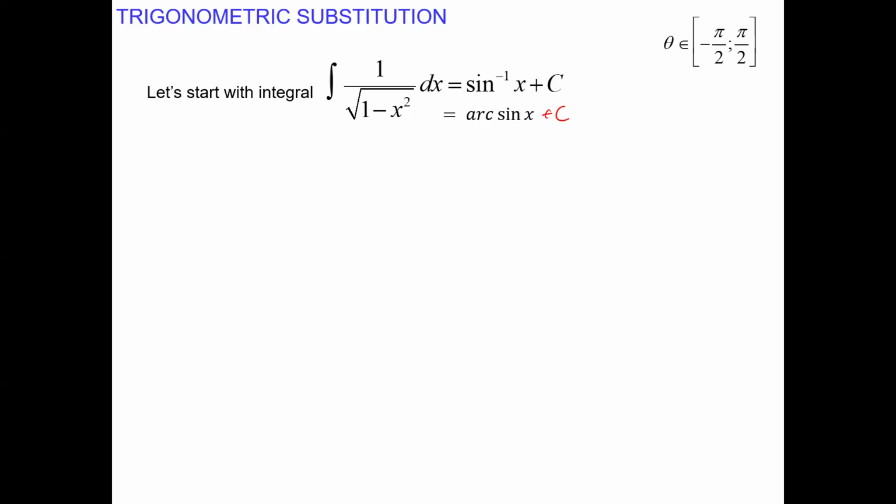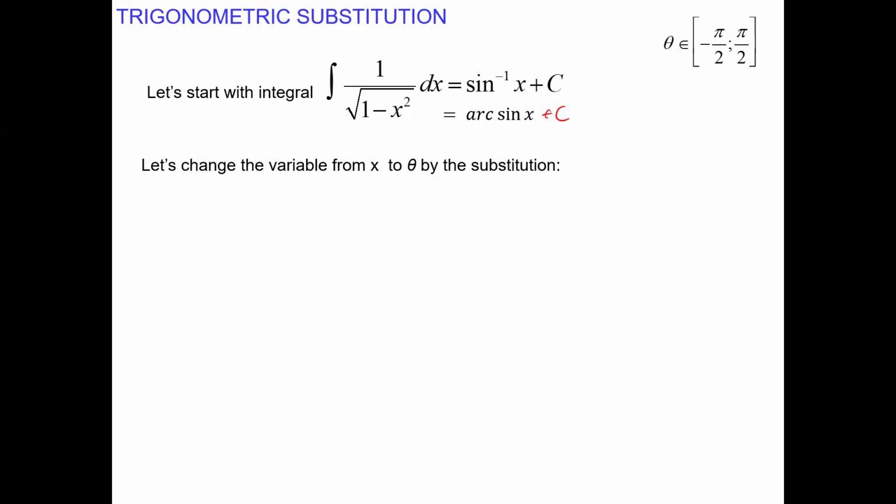But what I will do is try to prove that this is the correct antiderivative using the trig substitution. What is trigonometric substitution? In trigonometric substitution, we still substitute, but we do something opposite to the u substitution.